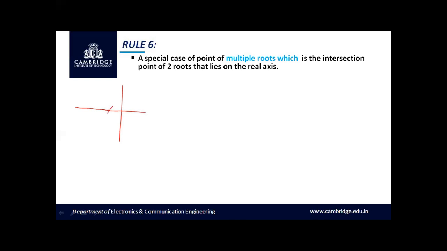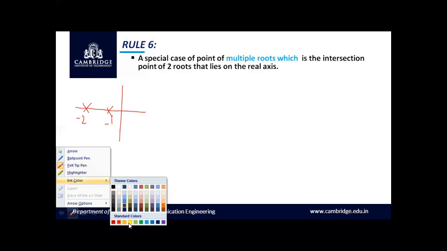Let us represent two poles on the S-plane, one at S is equal to -1 and the other pole at S is equal to -2. Making use of rule number 3, first, let us find out the existence of root locus in the S-plane.